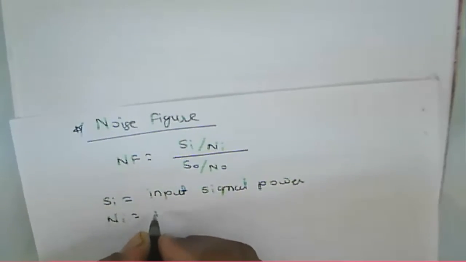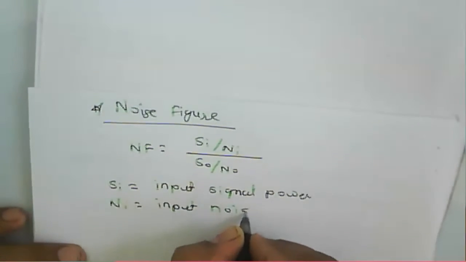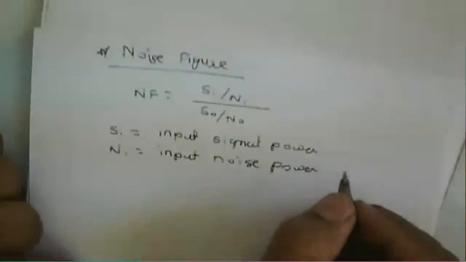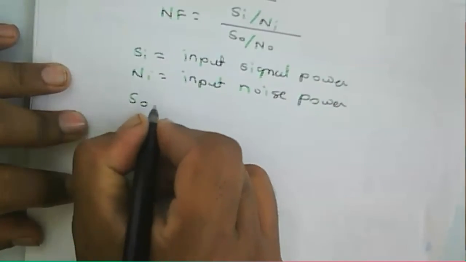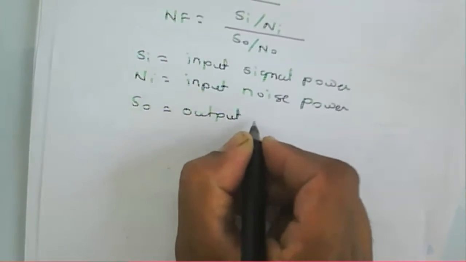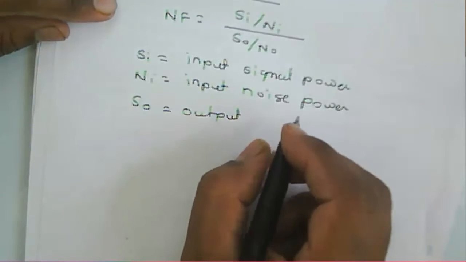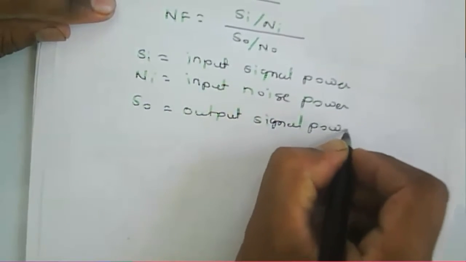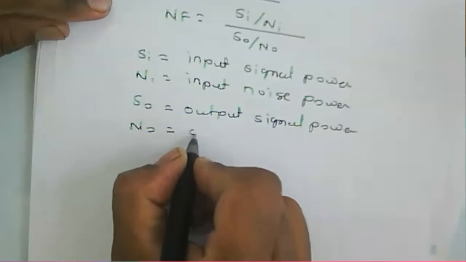NI is equal to the input noise power. Then SO is equal to the output signal power. Then NO is equal to the output noise power.